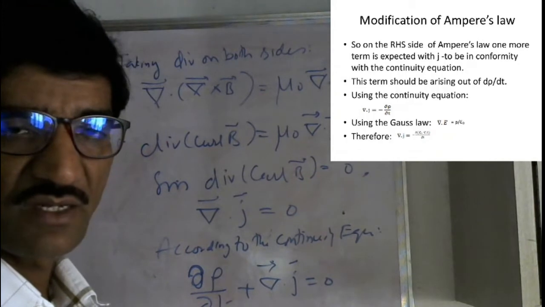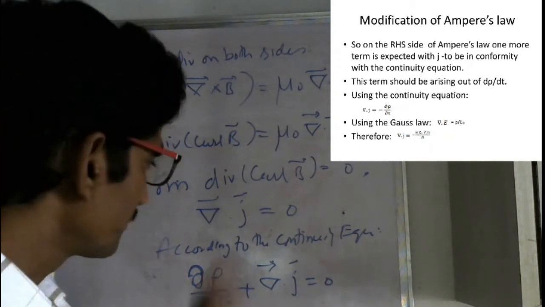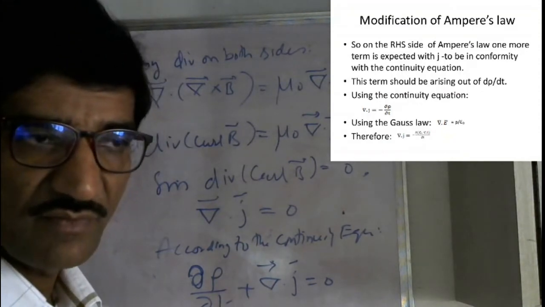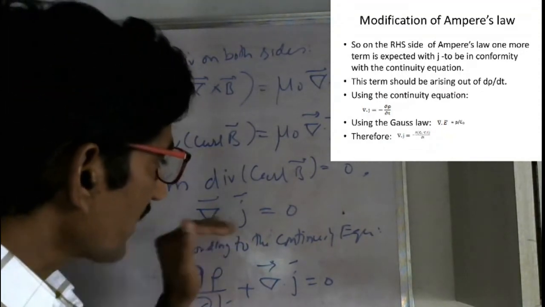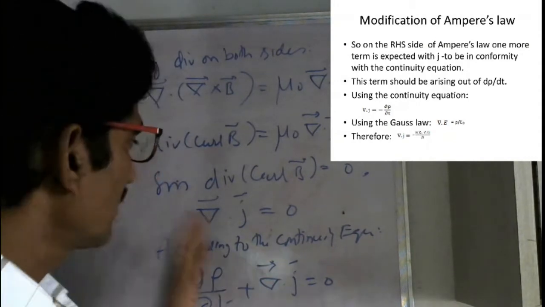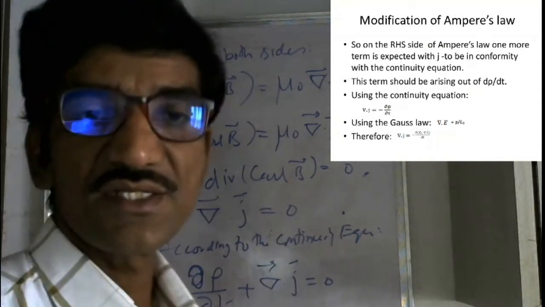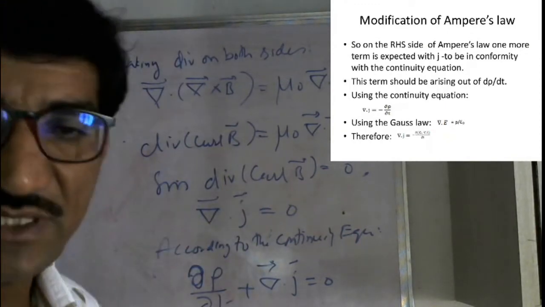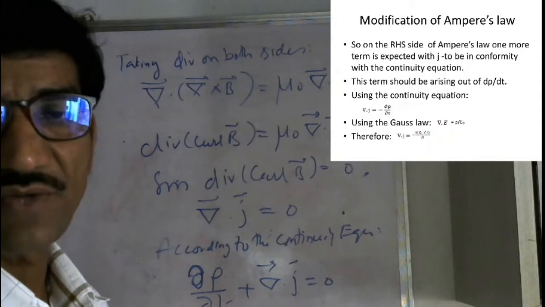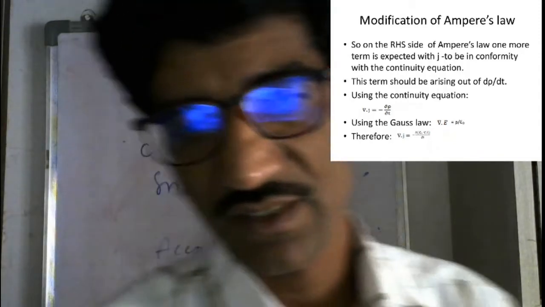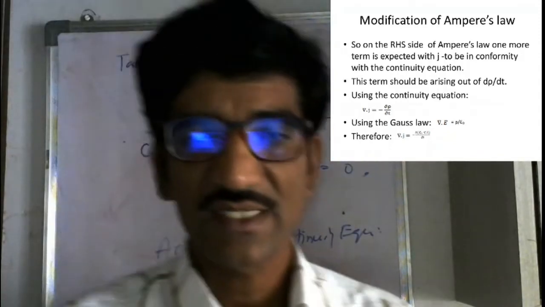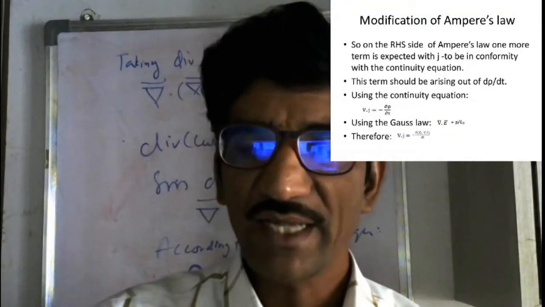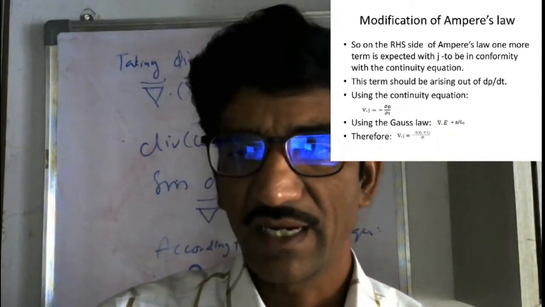We are having some extra divergence. That's why in all cases you are not getting 0. So in order to get 0, you have to kill that extra divergence. For that you have to add one term. What is that term? That is emerging from dou rho by dou t.